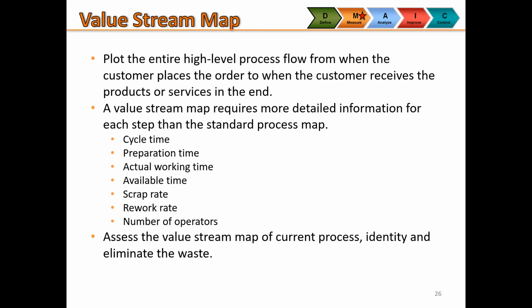It's a much deeper dive into how the process flows all the way from when we get the order through to how we buy our raw materials, how we get them all in, and then each step of production. So it's not just production; usually when you do a value stream map, it's the whole thing. It requires more detailed information, and we're going to do one.